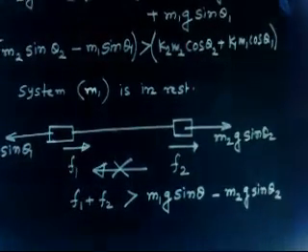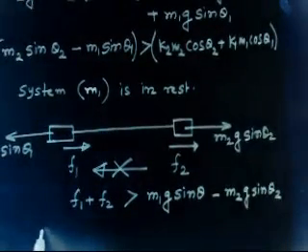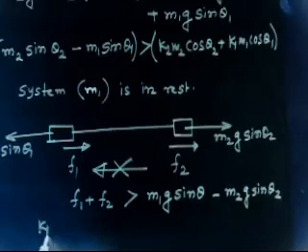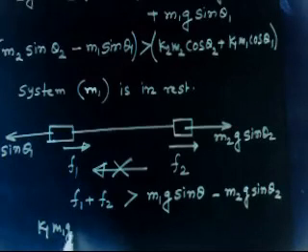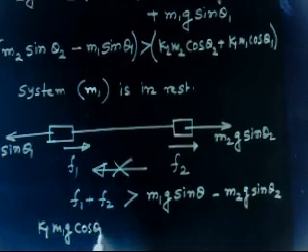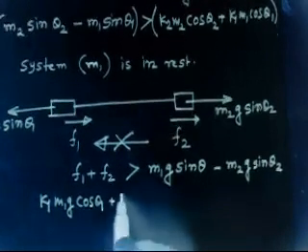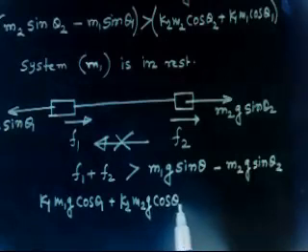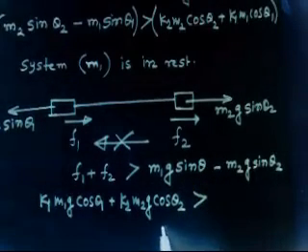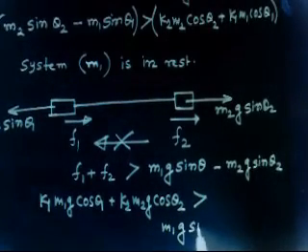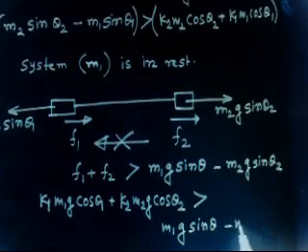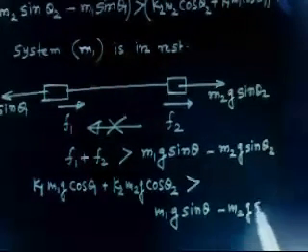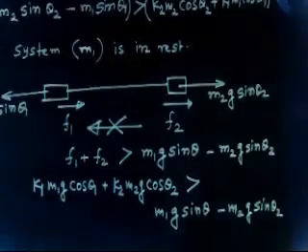Are you getting or not? And now F1 and F2 you know, that is K1 m1g cos theta 1 plus K2 m2g cos theta 2. This should be greater than m1g sin theta 1 minus m2g sin theta 2. So this is the condition.